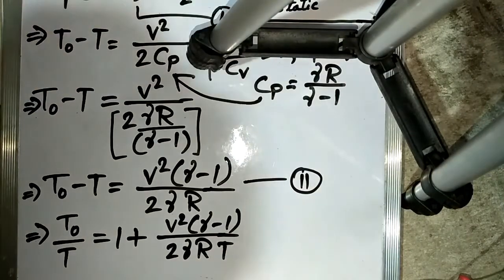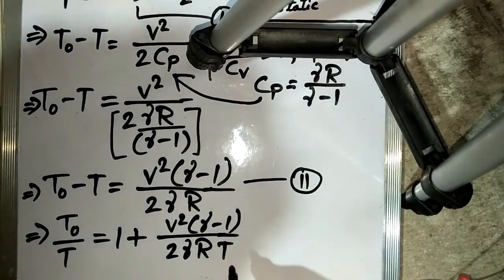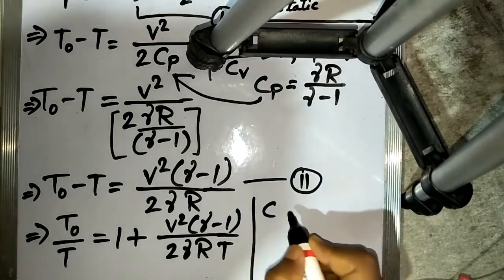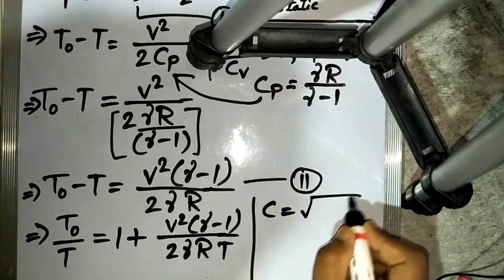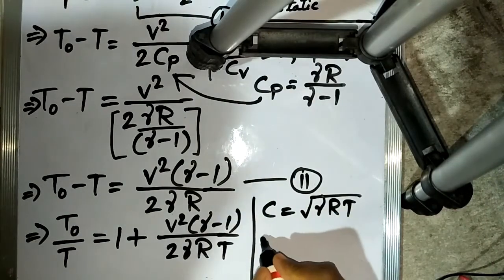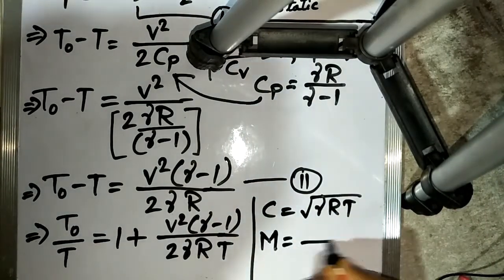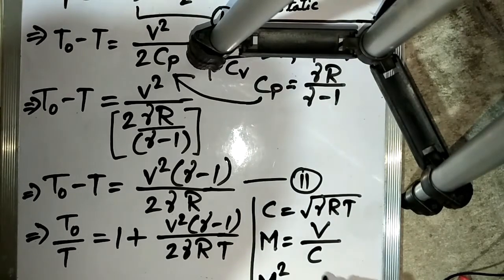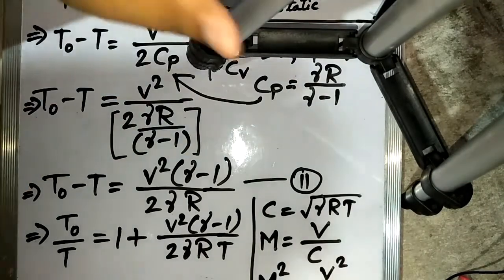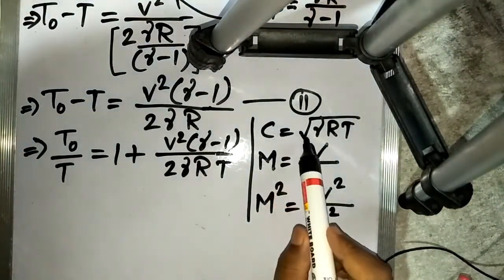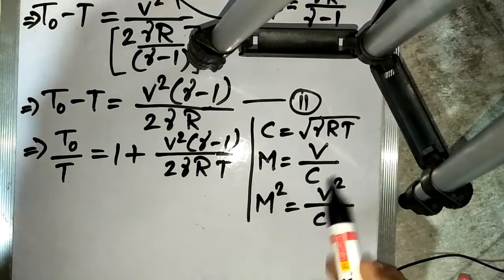And we have already derived that the sonic velocity c equals root over gamma RT, and we know that Mach number M equals V by c.